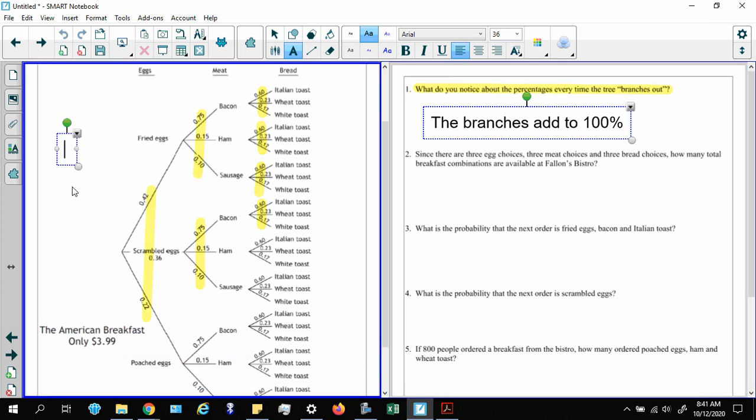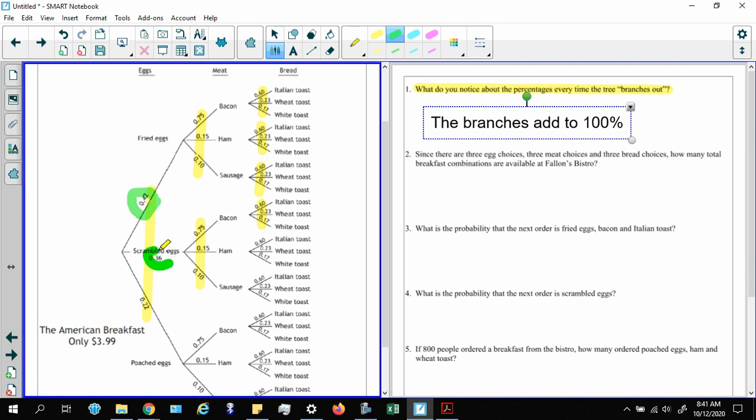Okay? So, like for example, if I was to look at this first branch out, which is here, here, and here, if I was to add all these three numbers, that would add up to 100%. So 42, 36, 22. This would add up to 100%.